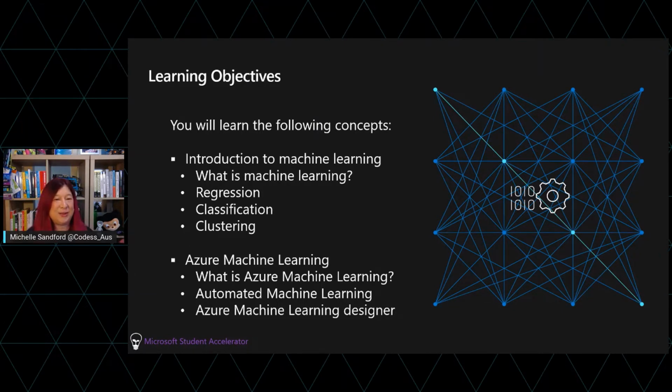If you saw this, what would it be? If you wanted to solve this problem, what would you use? Knowing what things look like in real life is really what the exam is all about. We're also going to talk about Azure Machine Learning: what is Azure Machine Learning, what's automated machine learning, and what's the Azure Machine Learning Designer.